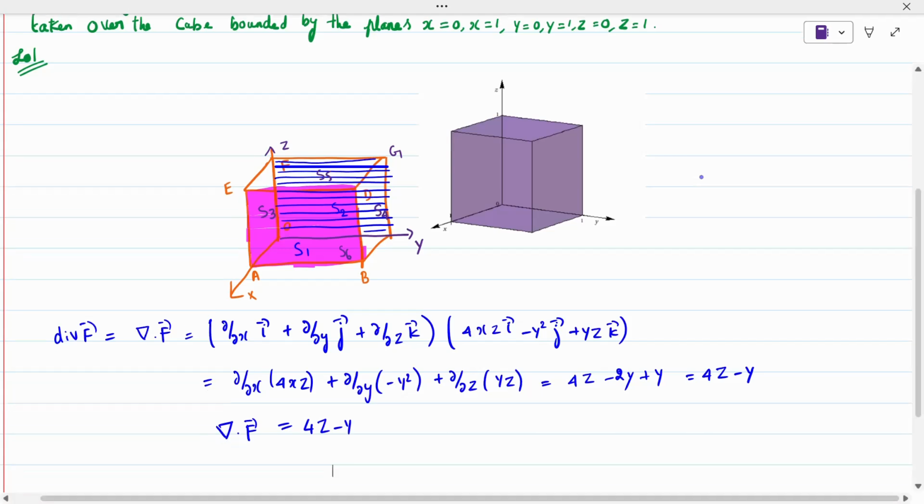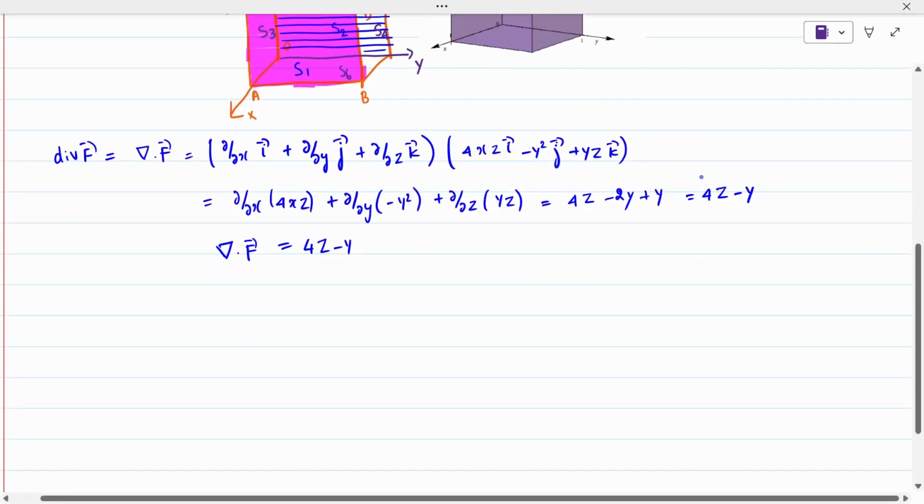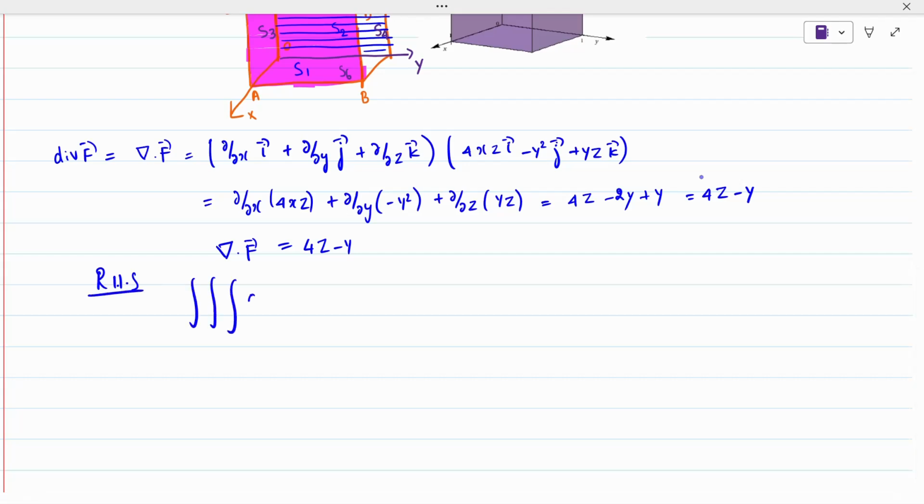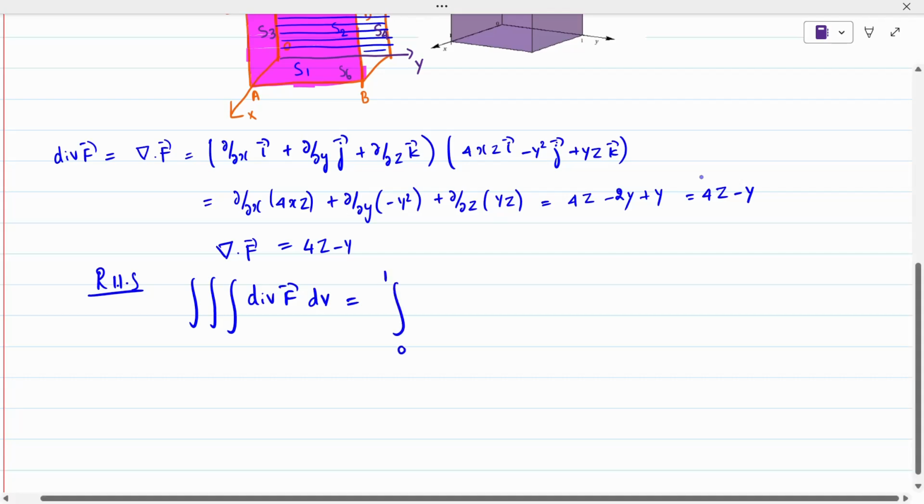Okay, so now triple integration. I'm going to do the right hand side part. The right hand side part is triple integral over div dot f vector into dv. All the 3 limits are given to be 0 to 1 only, so it is no problem whatever order we write. All the 3 limits are the same, so don't get confused at all.